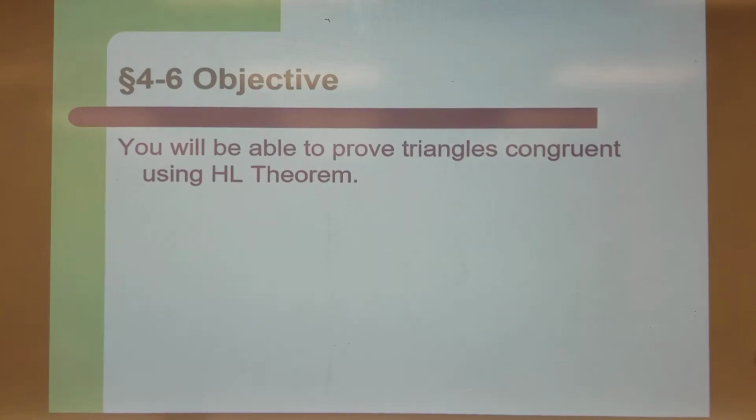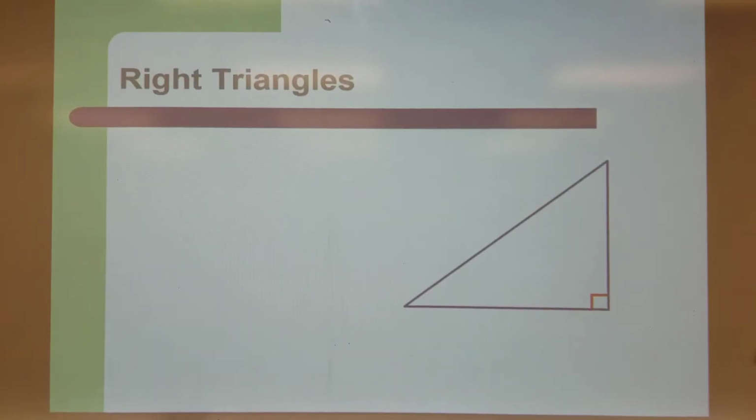Essentially, we are going to use what's called the hypotenuse leg theorem to prove that right triangles are congruent. So this is rooted in what's called the HL, or hypotenuse leg theorem. And it has to do with right triangles exclusively. Obviously, here we have two sides of a triangle that are perpendicular to each other, and therefore we know that this is a right angle, and therefore this is a right triangle.